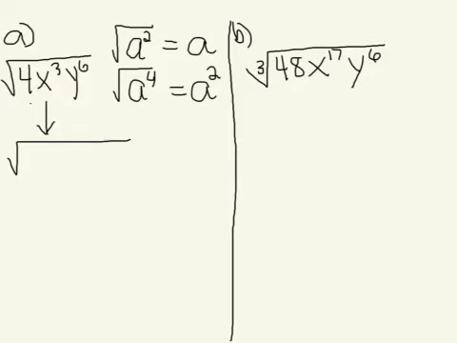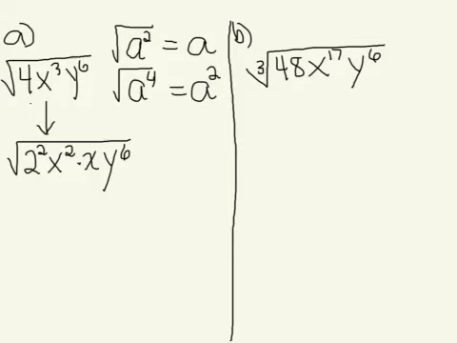So it'll look like this: 4 factors into 2 times 2, so we can write that as 2 squared. And then instead of x cubed, you can write that as x squared times x. And then for y to the 6th, since it has an even power, we just leave it.